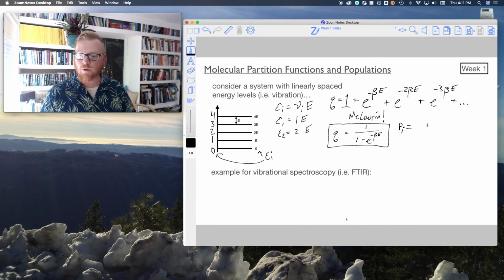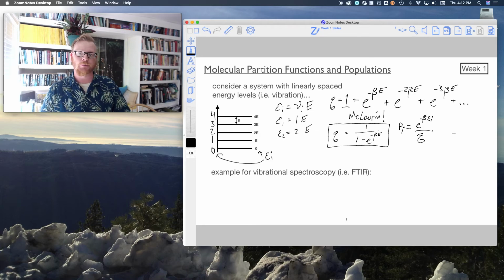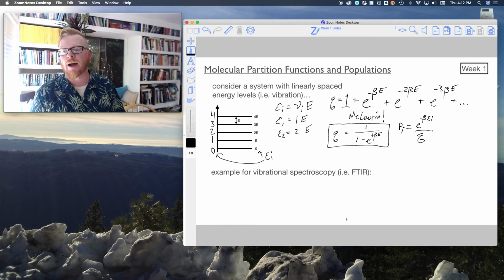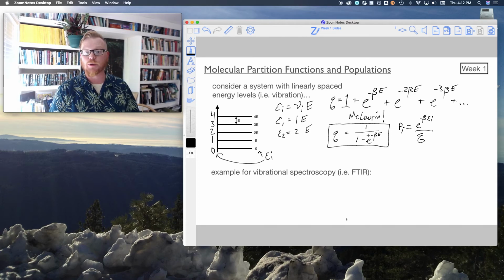Remember I can write that as e to the negative beta, and I'm going to put in this general term, which can be connected to any one of these energy levels, divided by the total partition function Q. Now if we consider a system that's linearly spaced, we do a little bit of algebra and plug this into Q.